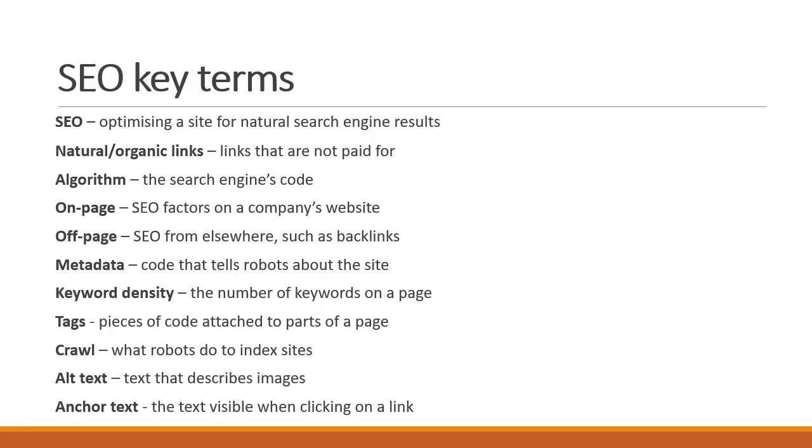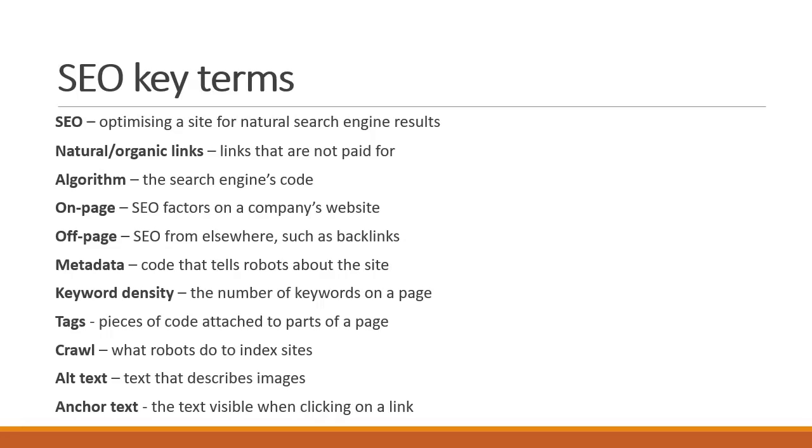SEO is making sure that we optimize our site for natural search engine results. What SEO determines is where we get placed on a search engine result: how far up the page, if we make it to page one, if we're one of the top.